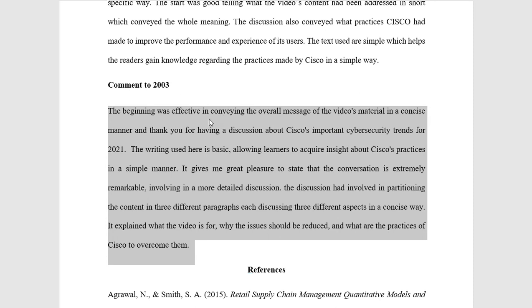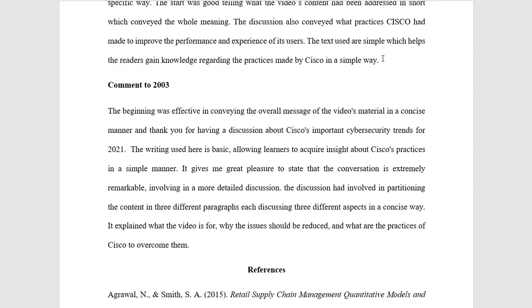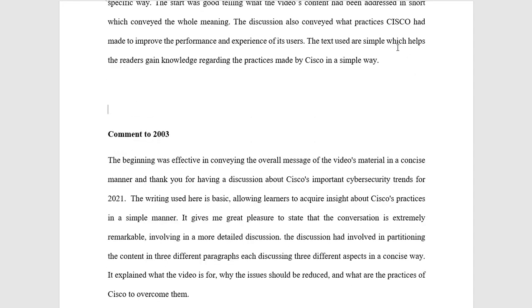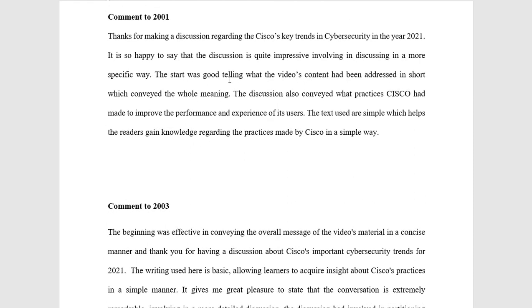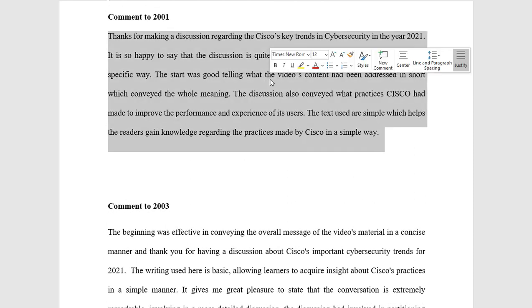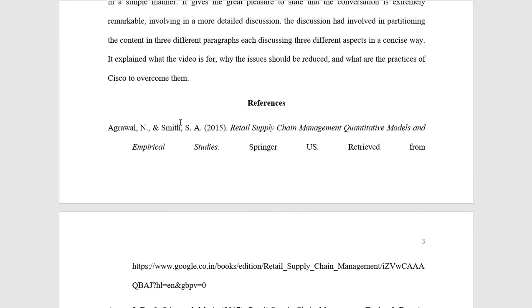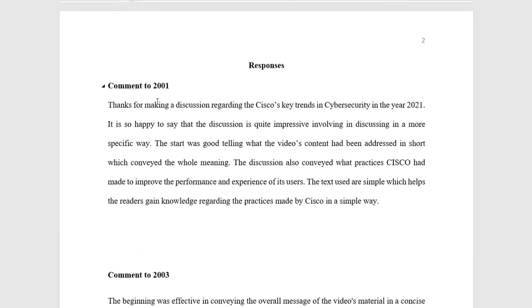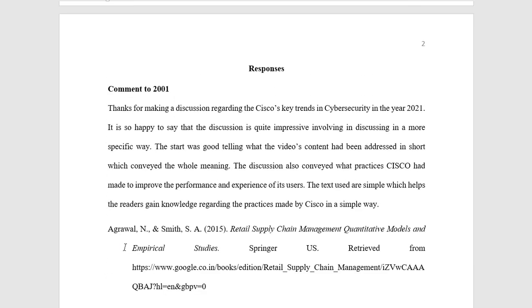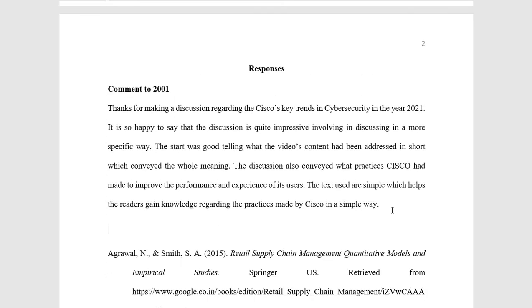It is not possible, right? So it is recommended that you write your references separately. After generating these references, cross-check which reference is related to which discussion. You just copy that reference, paste it here, and mark it as reference.